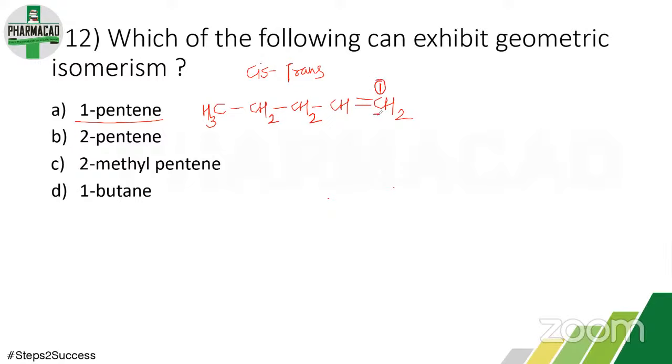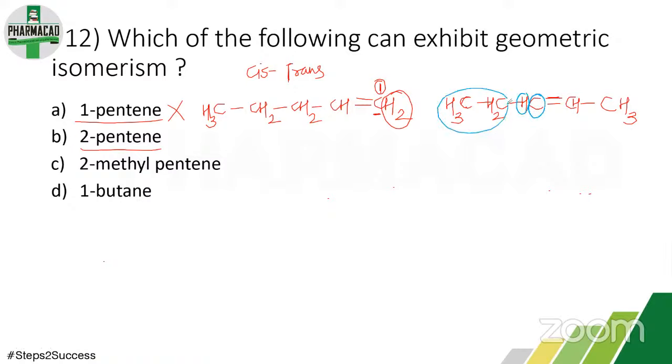You can see this carbon atom is attached with two same atoms, that is hydrogen. How is geometric isomerism possible? So this option is cancelled. Second is 2-pentene. Okay, so CH3, CH, CH, CH2, CH3. You can see this carbon atom has hydrogen and ethyl.